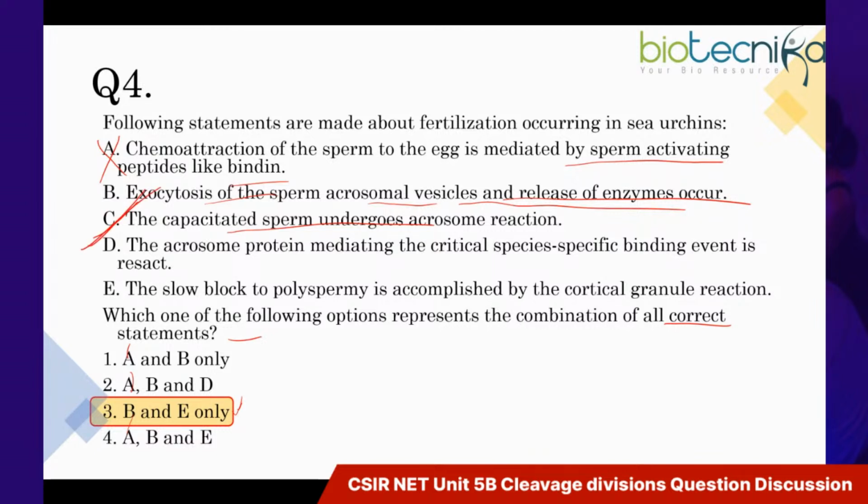This is correct. Okay, so sorry. The capacitated sperm, I think there is something missing over here because it is only B and E. Capacitated sperm undergoes acrosome reaction. So this is actually supposed to be a correct statement.